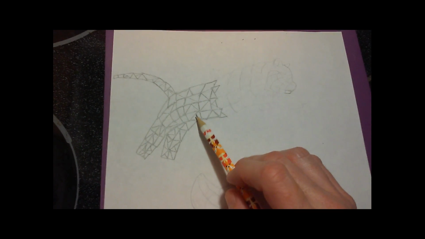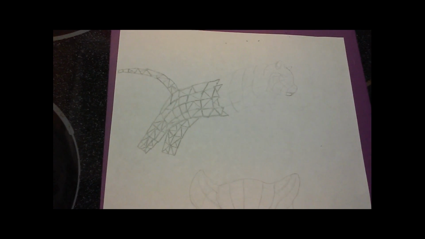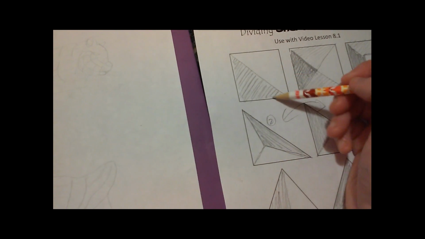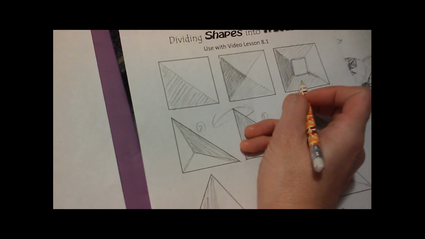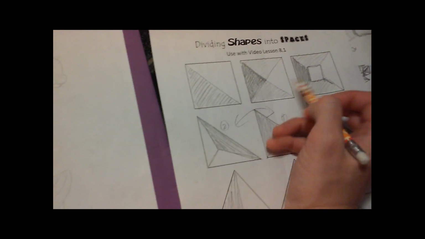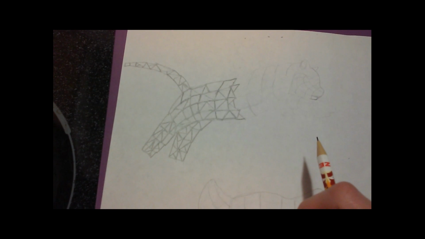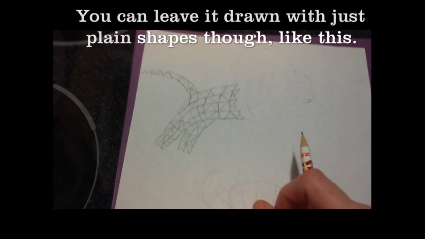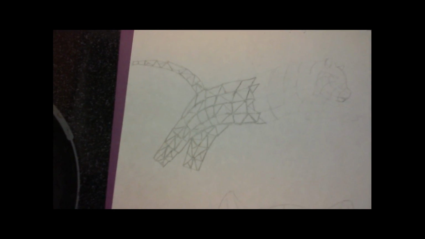So again, we're just doing the basic shapes at this point, and the basic shapes are the stuff we did here, like this, where you just divided the shapes into like one area. Now this one, where the shape looks like it has dimension, or this one, okay, where it looks like it has dimension in a surface. These are all more advanced things that you can do with the shapes on here, and I'm about to show you what that looks like.